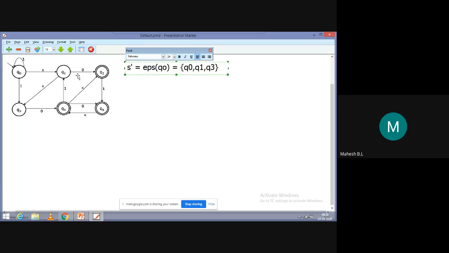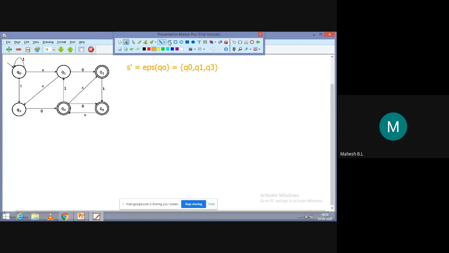Now I am going to compute the equivalent DFSM for this. That's why the starting state of the DFSM I'm calling S dash, which is epsilon of Q naught. So the starting state of the DFSM is Q naught, Q1, Q3.